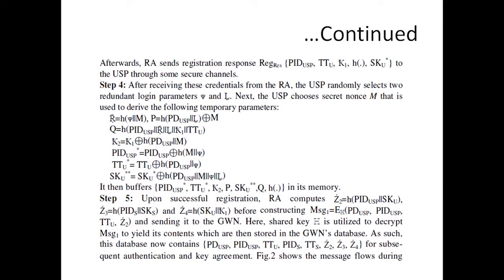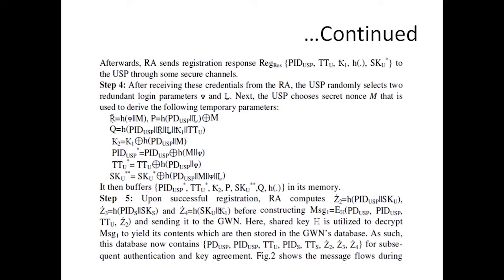Upon receiving this message from the RA, the USP randomly selects some redundant login parameters, which it uses to derive the 6 parameters shown in step 4. Finally, it buffers the computed parameters in its memory for subsequent authentication.